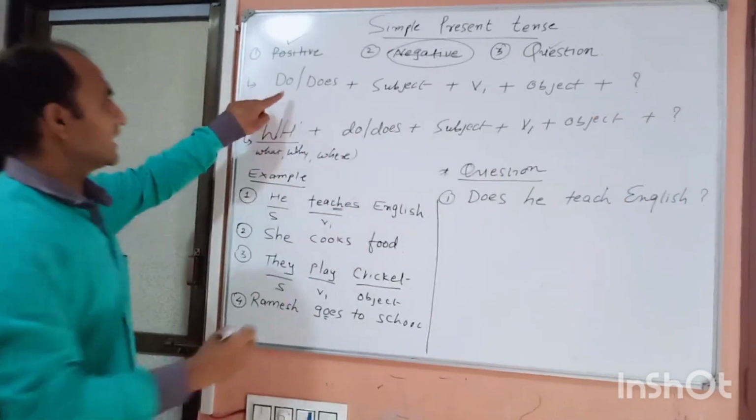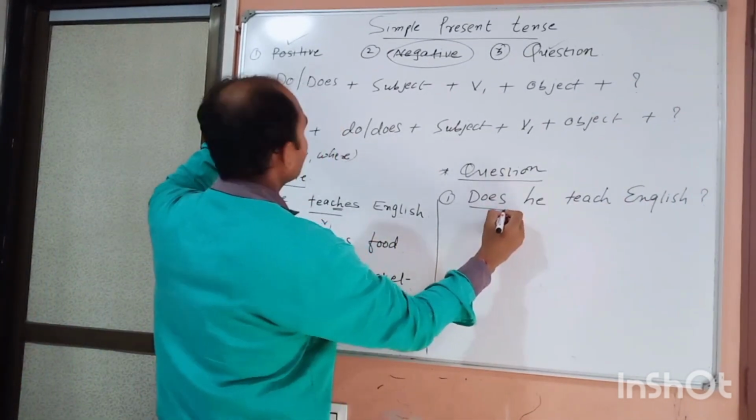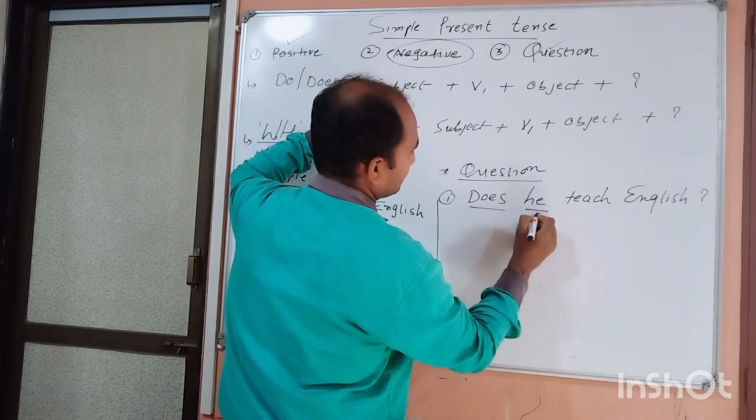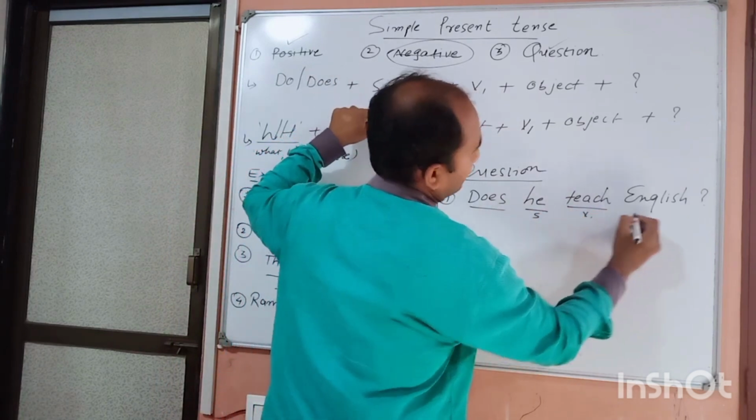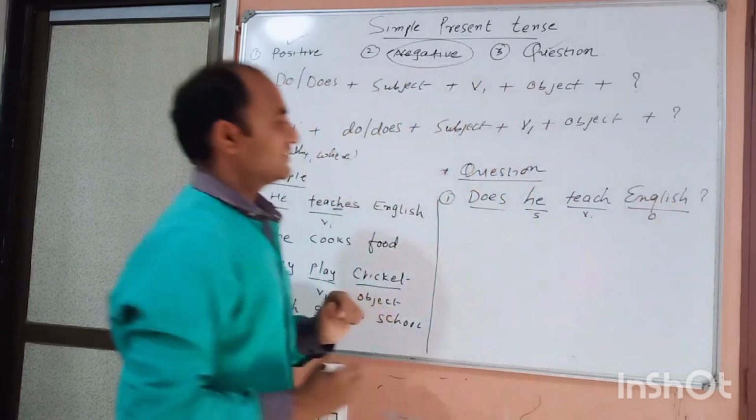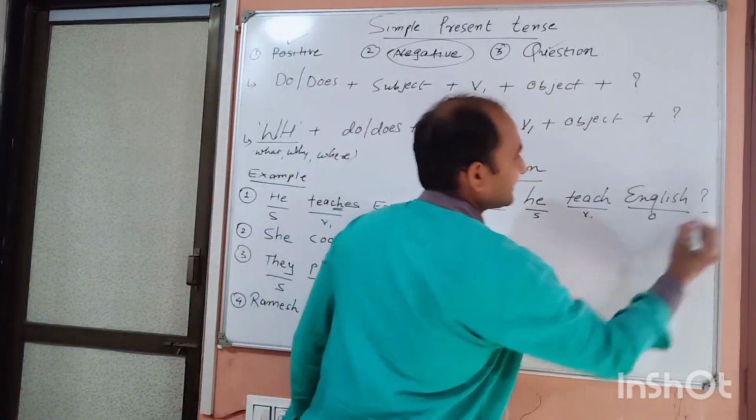So you are observing that here: do, does, then subject, then verb, then object, and then question mark.